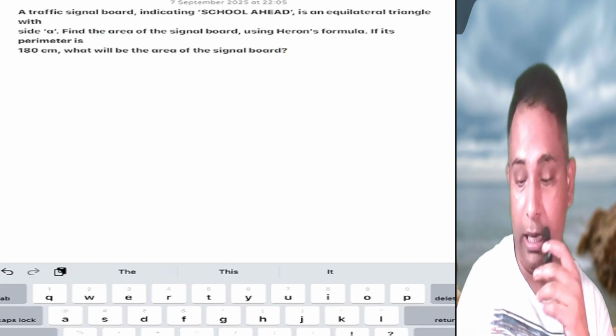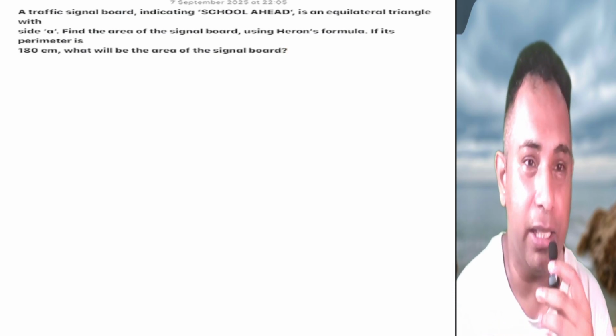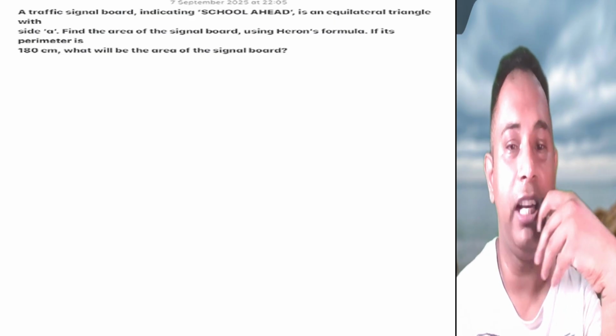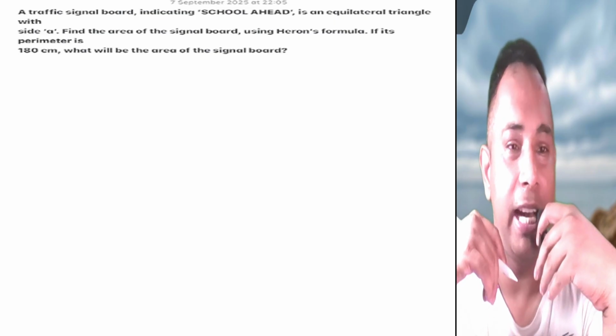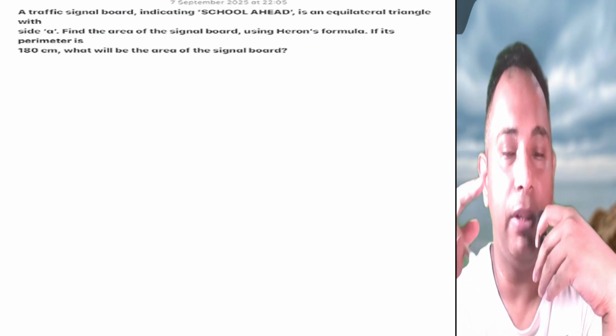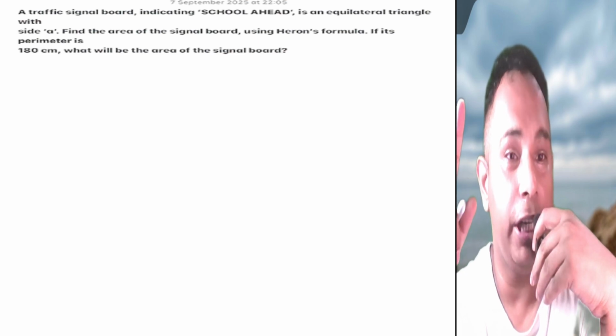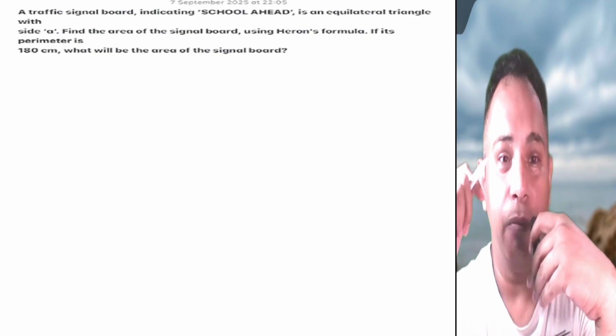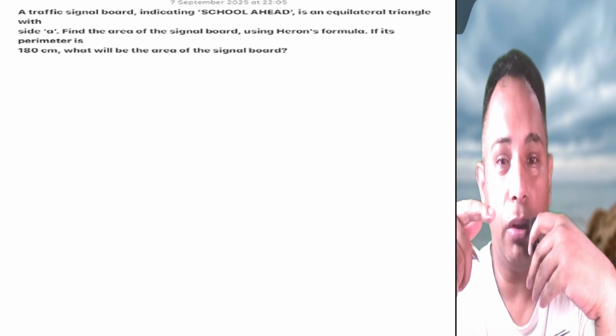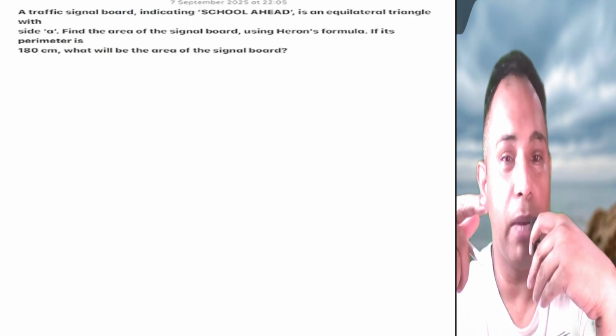Now I have put another question on your screen for a better understanding of what we have learned in this class. What Zero Fear Maths makes you understand is that if you are given any question, the first thing you need to do is read the question carefully. Point A, point B, you just write all the data which is already provided to you by the question setter.